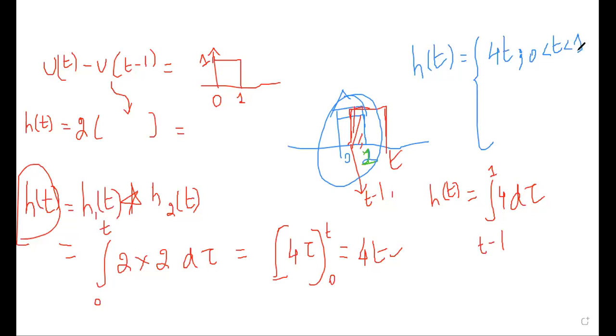We have done this same thing in all the earlier problems. Later I took the next interval, 1 to 2, for the first signal. So my next output will be present between what range?